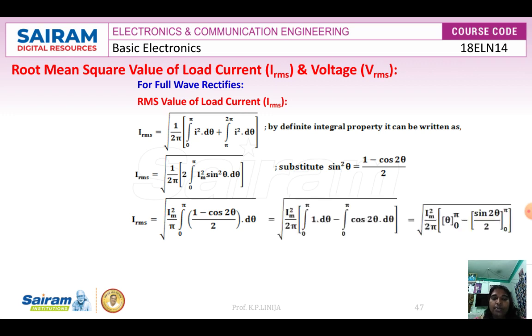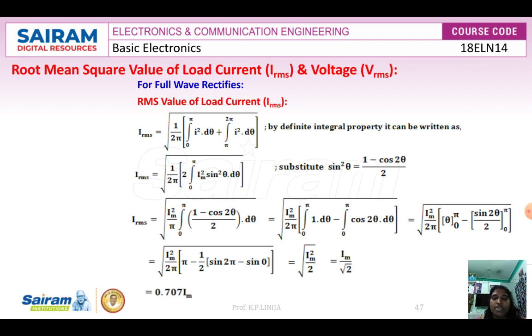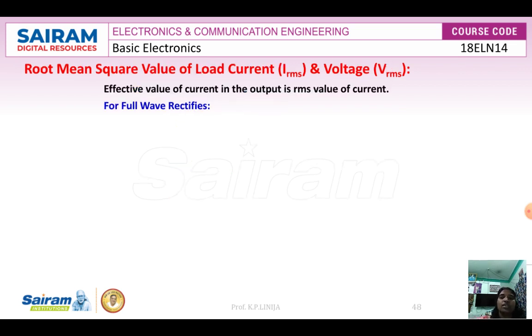Okay, then I squared RMS. Finally, the value is I squared m by 2, the whole root, right? So it is 0.707 into Im. That means the root mean square value of current or voltage will be 70.7%. Okay.